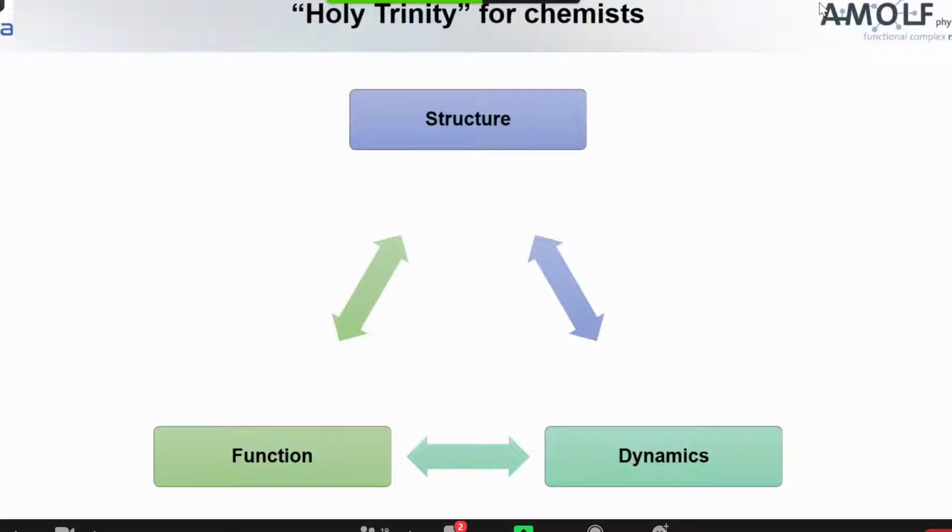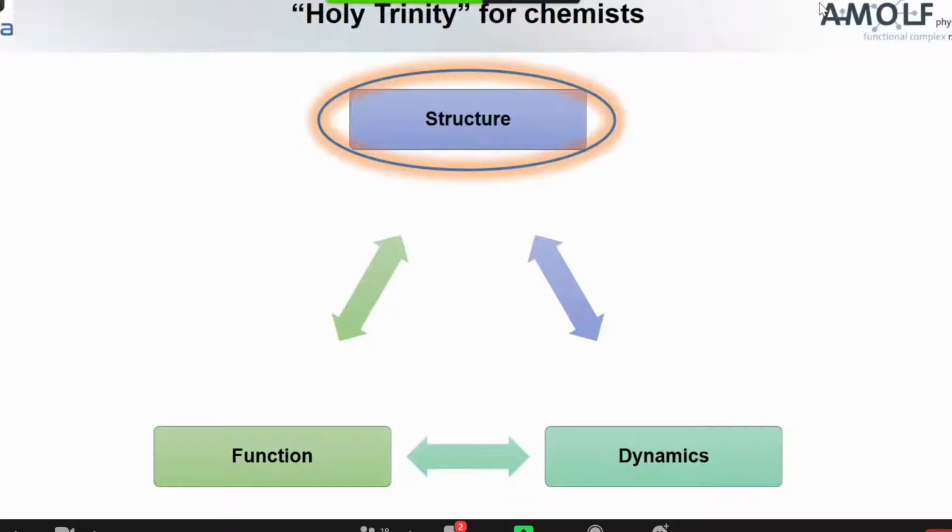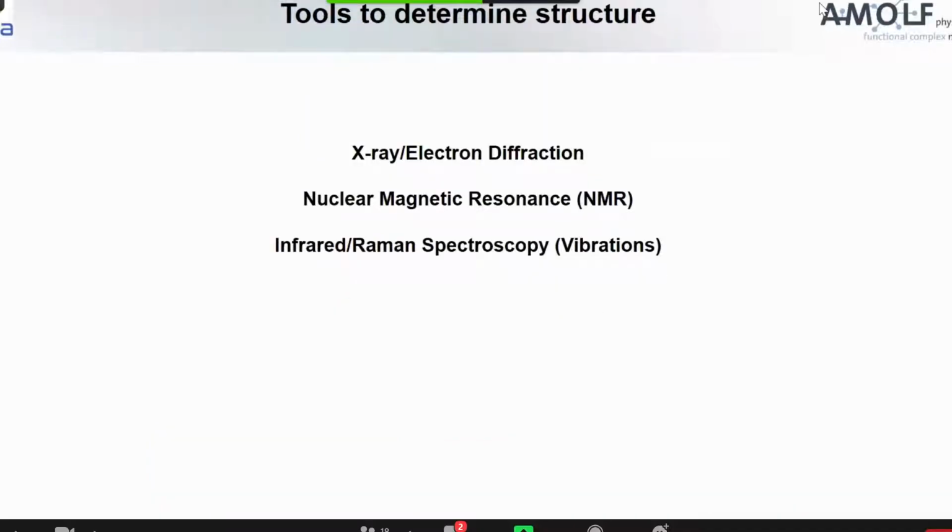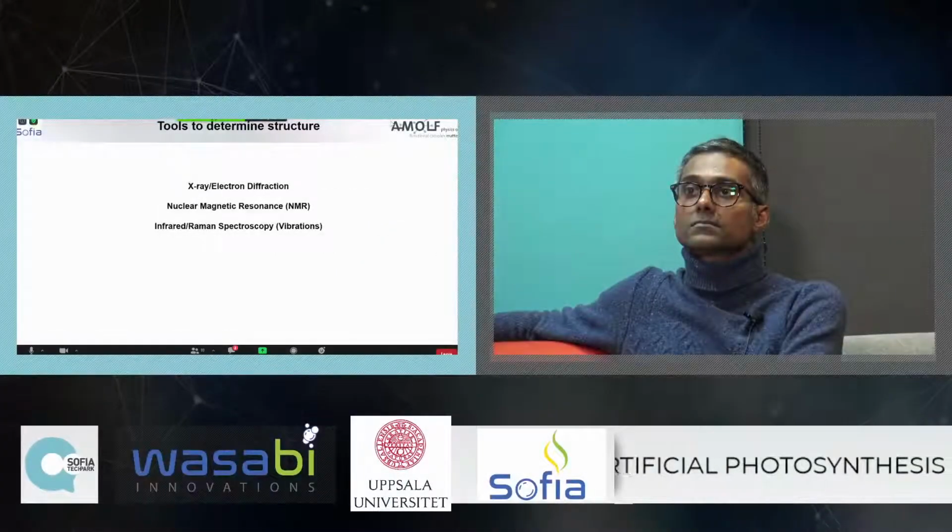But for today's talk, I'll focus on the structure of the system that chemists like to probe at the interface. Let's see what general techniques people use to look at structures. Researchers use X-ray or electron diffraction if the samples are solids, and they get atomic coordinates. If they have magnetically active nuclei, they can use nuclear magnetic resonance.